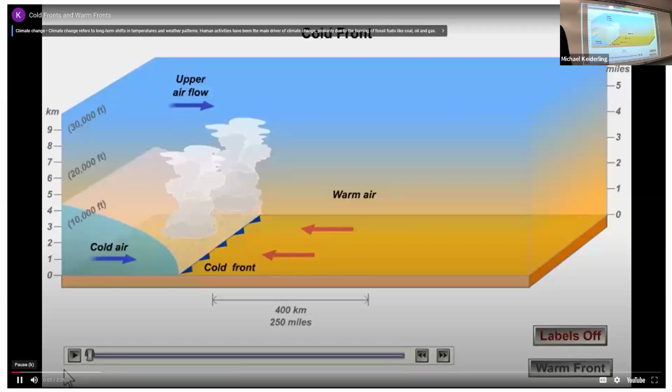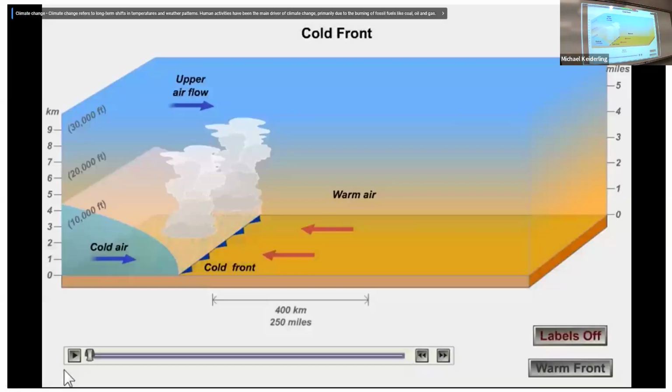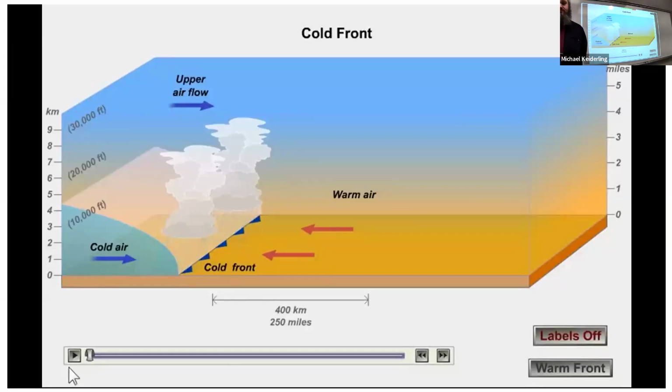This animation is going to describe how precipitation happens at what are called cold fronts and warm fronts. These are weather systems that develop wherever masses of cold air collide with masses of warm air. And the name actually comes from war, where armies would meet along a battle line called a front. And one way to think about the difference between cold fronts and warm fronts is to think about which mass of air is going to win the battle.